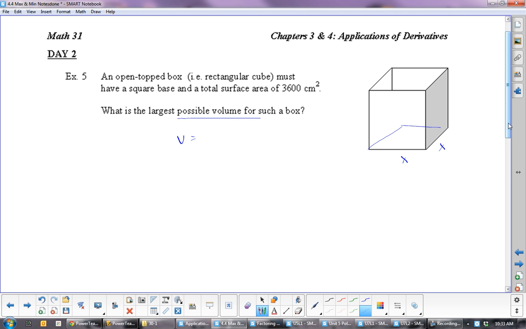You can call the height H, or Y, or S, whatever you want. But with those letters, what is the volume of this box? X squared times H. So we just got to maximize that. Easy.